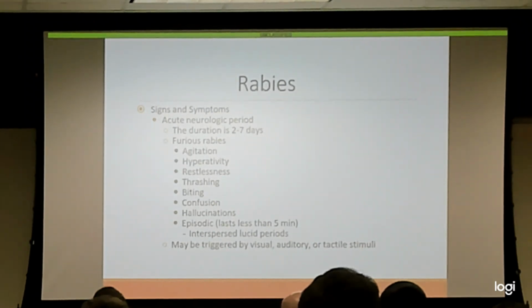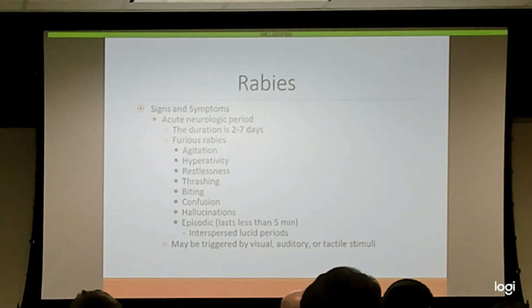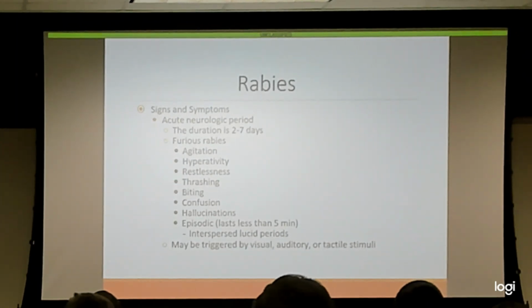Furious rabies attacks your brain, attacks your nervous system, and you start having agitation, hyperreactivity, restlessness, thrashing. You may want to bite people. Okay, you'll have hallucinations. When you go to the hospital, they'll strap you down because you're so aggressive, right? That's what furious rabies does, all right?